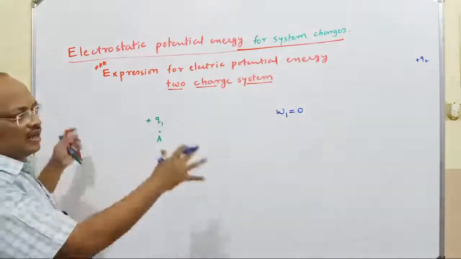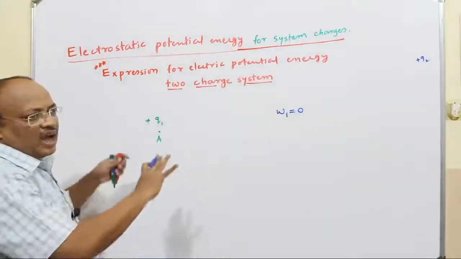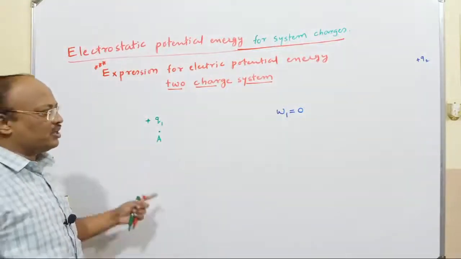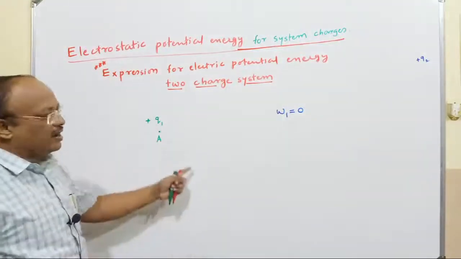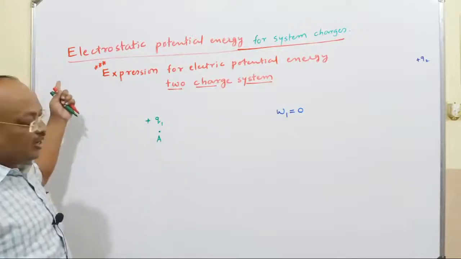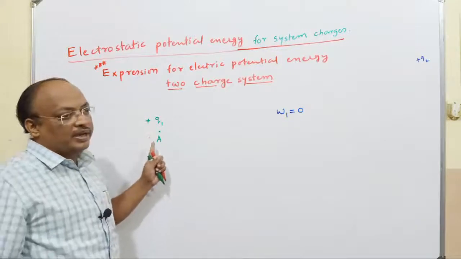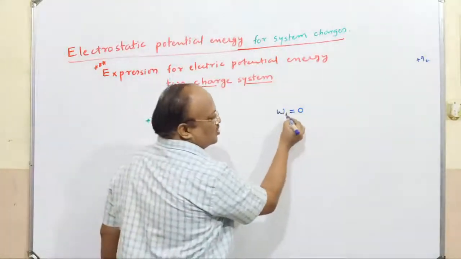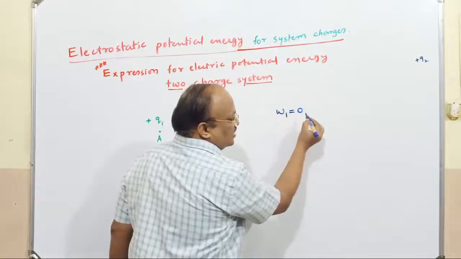But under ideal conditions, no field, no friction, nothing, I am bringing this charge Q1 from infinity to this point A. So to bring the first charge, no work is done.